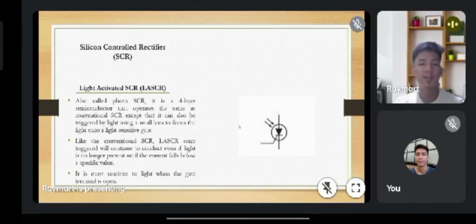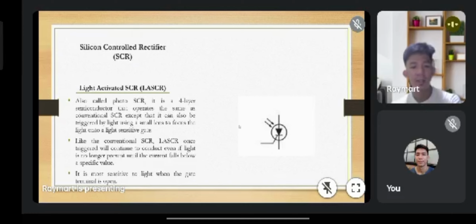Like the conventional SCR, the LASCR, once triggered, will continue to conduct even if light is no longer present until the current falls below a specific value. So, it does not automatically shut down. It shuts down when the current falls to a specific value.